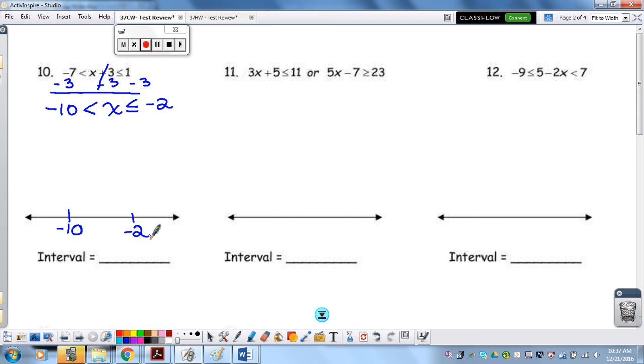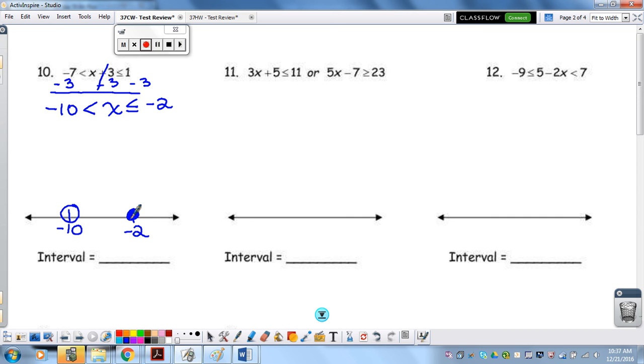Now the next thing we're going to do is talk about the circles. See how there is no line right next to the negative 10? That means we have an open circle. Since there is a line there, you're going to fill in your circle.